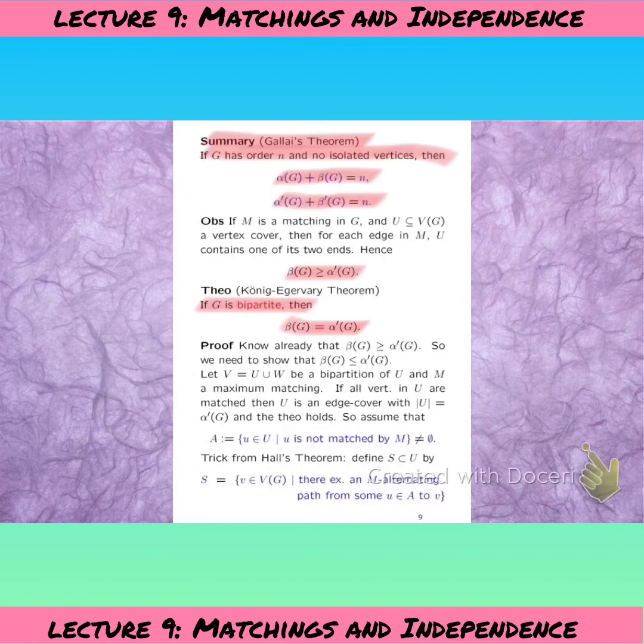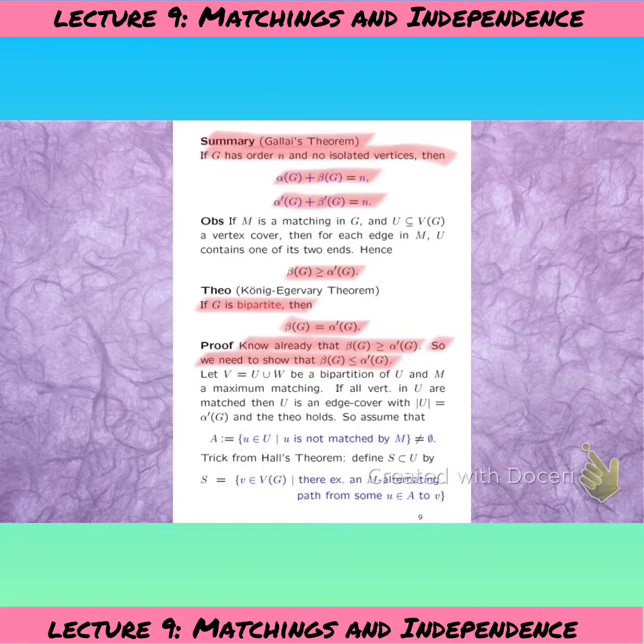Now, we can prove the one side of the inequality. We know from the previous argument that the vertex covering number is at least the matching number. So all we need to do to complete the proof of the theorem is we just need to show that the reverse inequality holds.